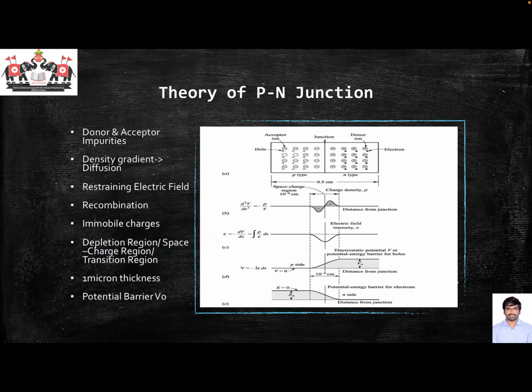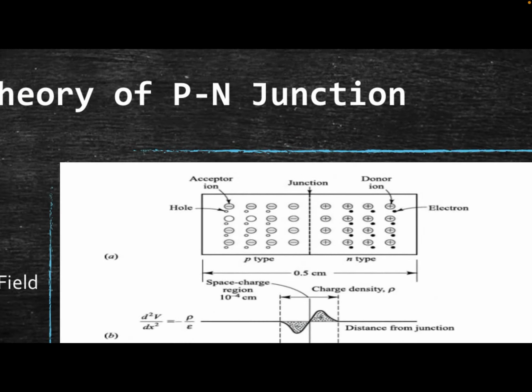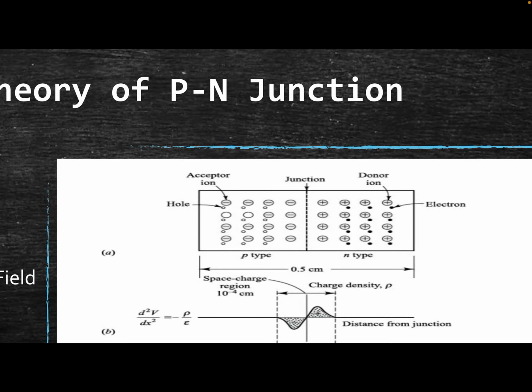You know that acceptor ions are negatively charged. Why are they negatively charged? Because they are accepting electrons. Also, you know that holes are in majority on the p-type material, and the number of holes in the p-type material is nearly equal to the number of acceptor ions.